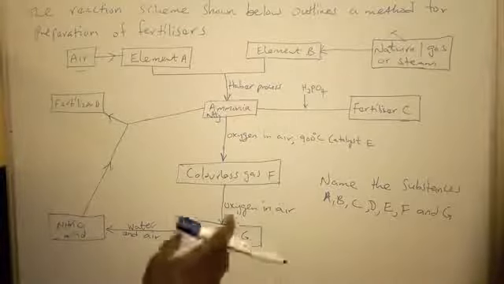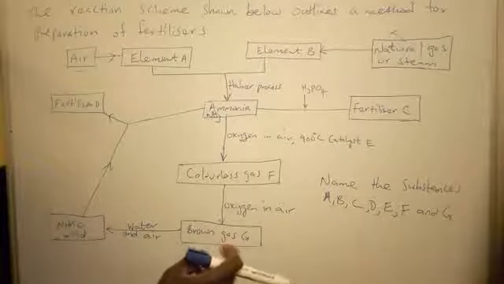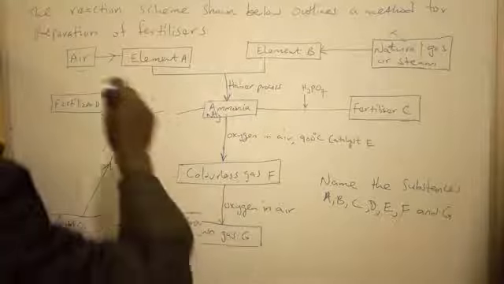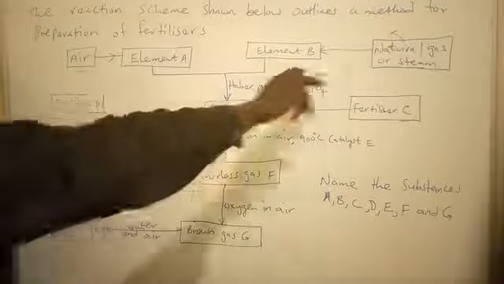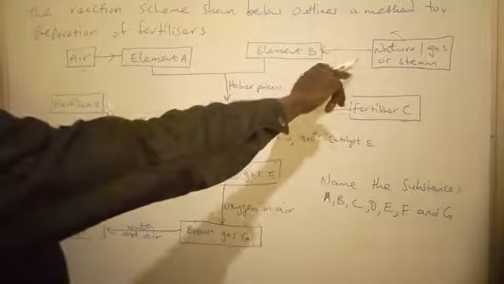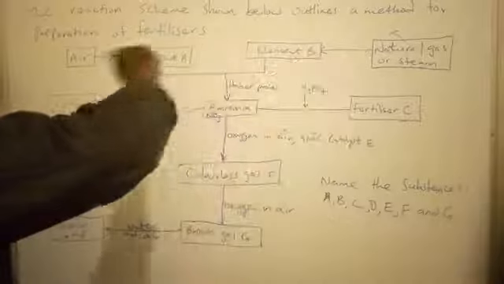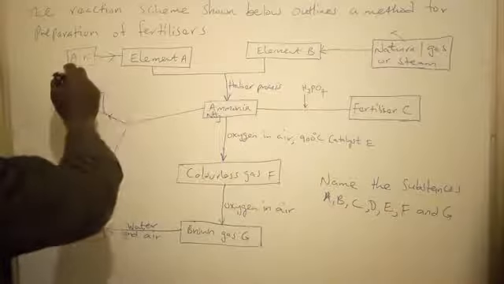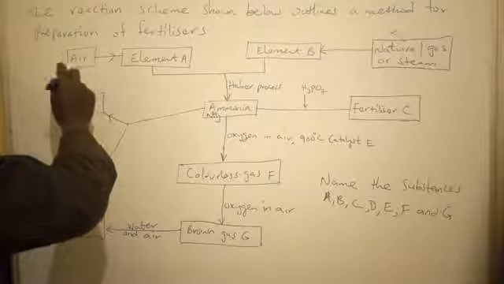I also said that a source for hydrogen gas is cracking of long chains of alkanes and all that. Hydrogen gas comes from natural gas, and nitrogen naturally is obtained from the air.